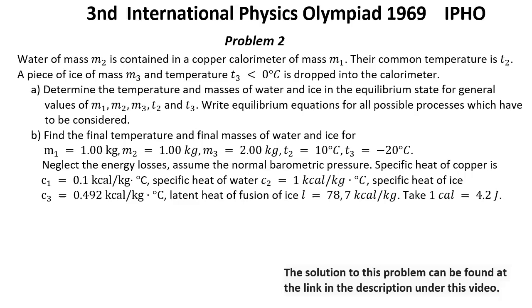Latent heat of fusion of ice L equal 78.7 kilocalorie per kilogram, and take 1 calorie equal 4.2 joules.